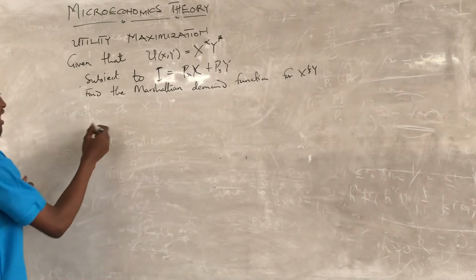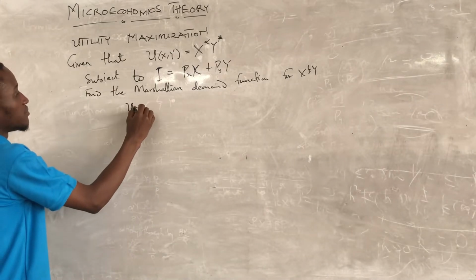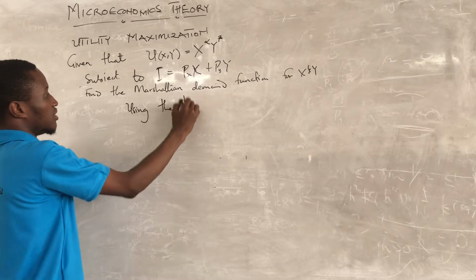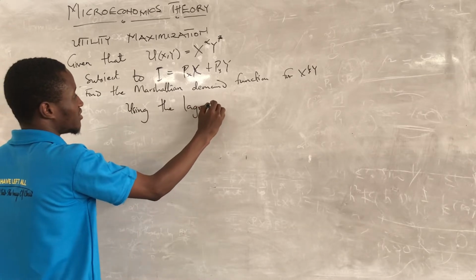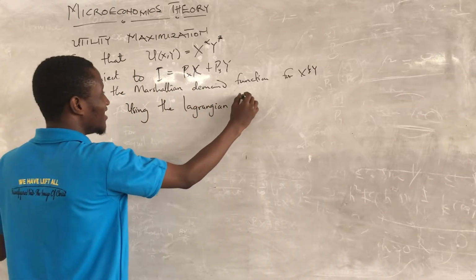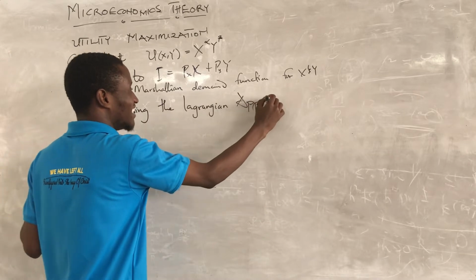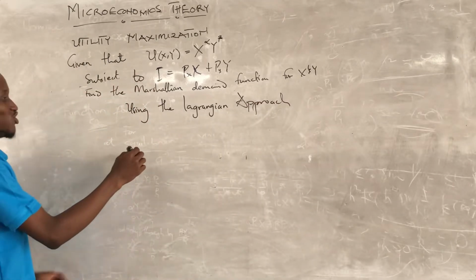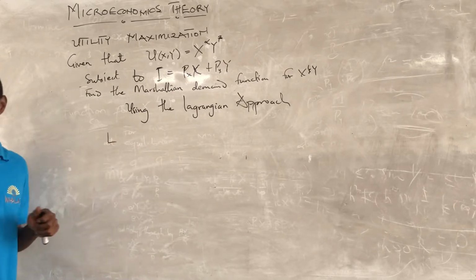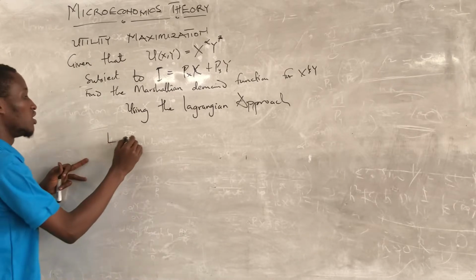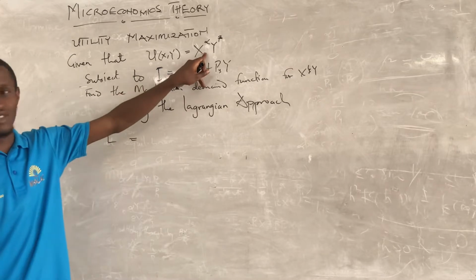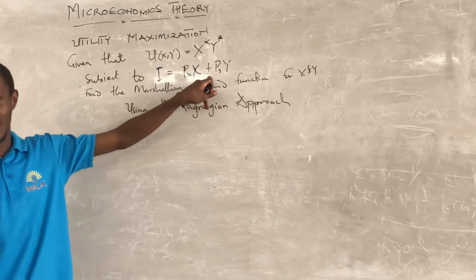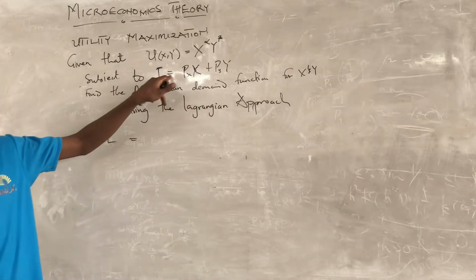So with the Lagrangian approach, it says that now I have L. So L will be equal to, we add this to this, but adding this, we don't write I equal to this.